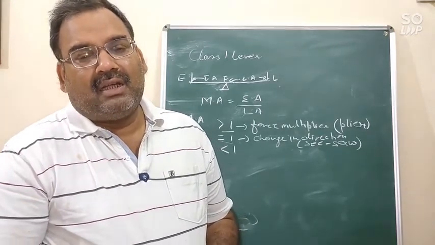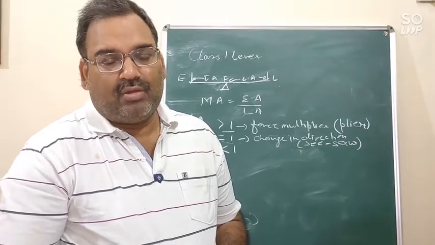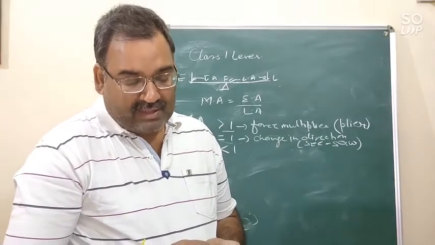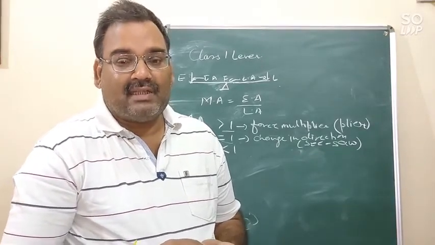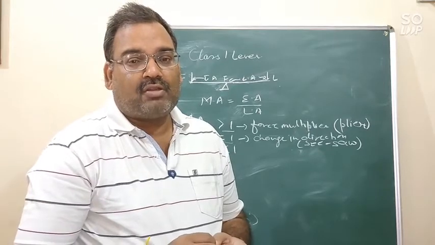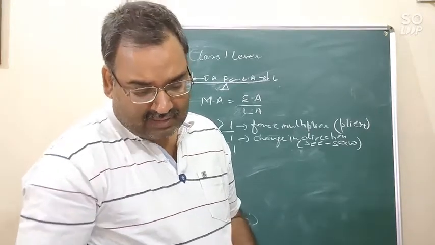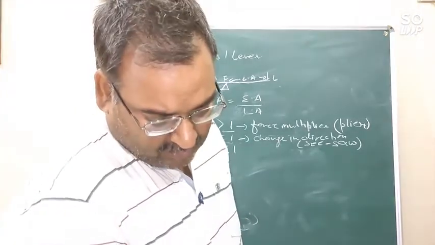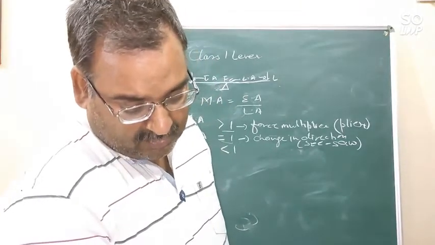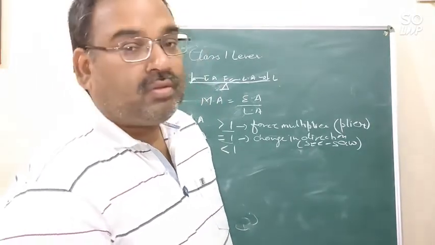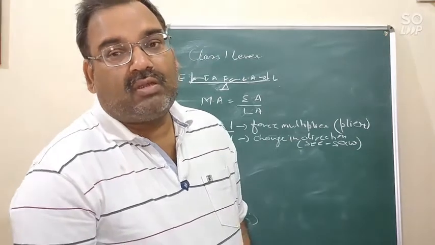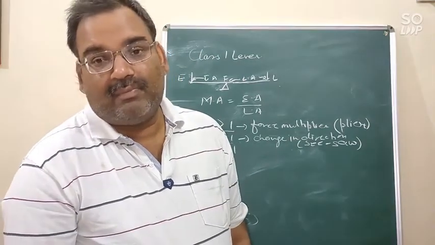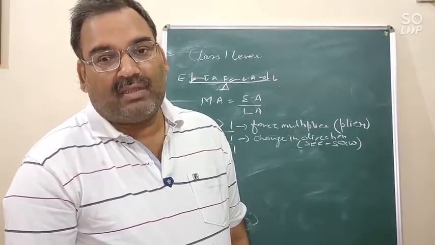Then the effort arm is longer than the load arm. In that case, it is acting as a force multiplier. Another example is crowbar. In crowbar also, the effort arm is longer than the load arm, and it acts as a force multiplier.